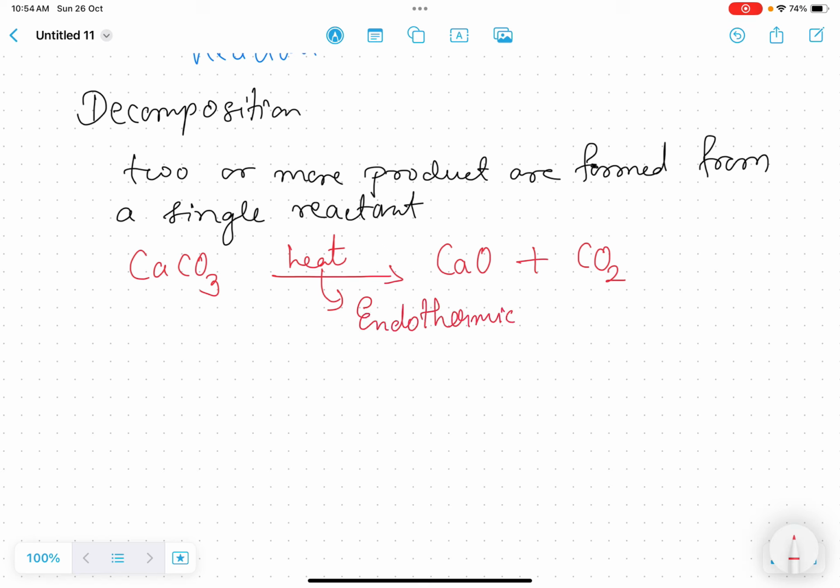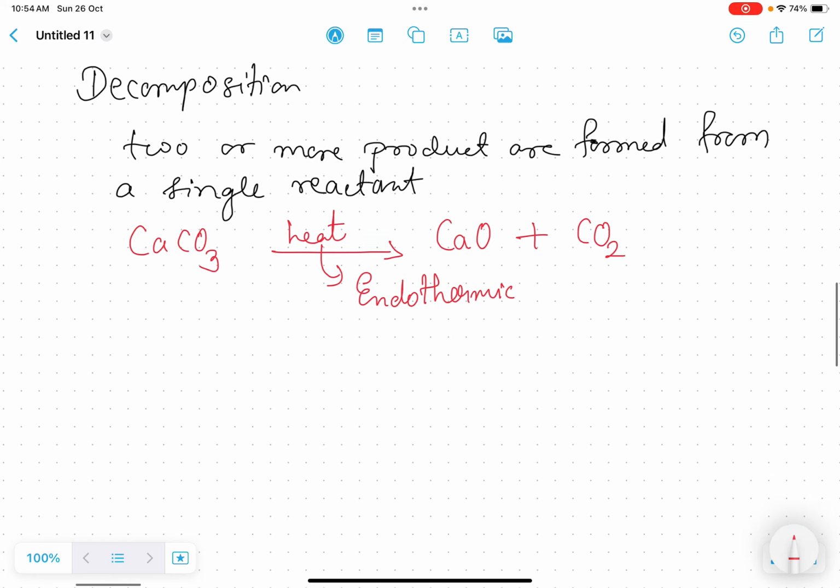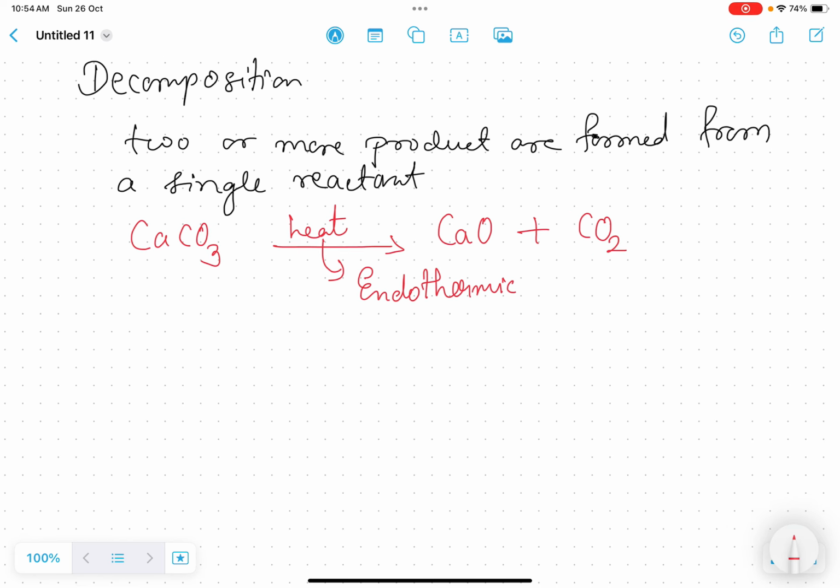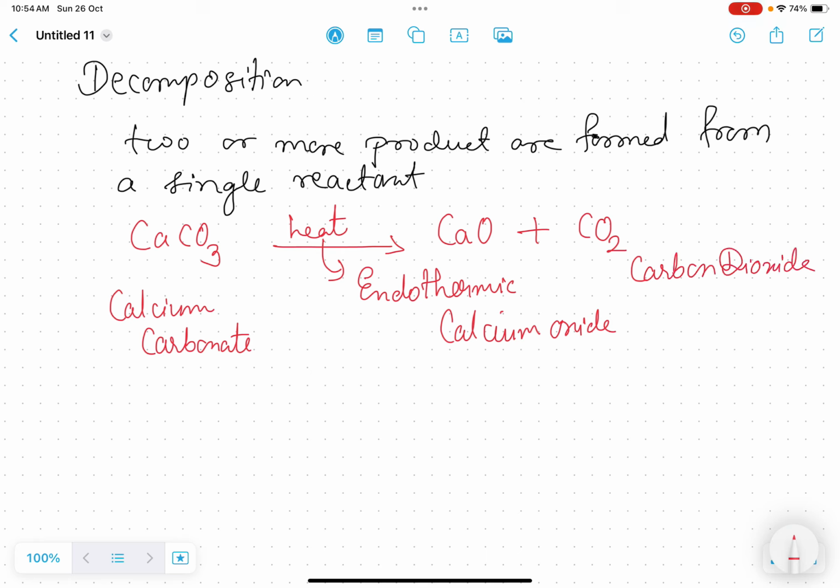I can make a detailed video on it if you need it. It's calcium carbonate and calcium oxide. I am writing these names because in the examination it is important to write the name of the molecule, otherwise you will lose marks.